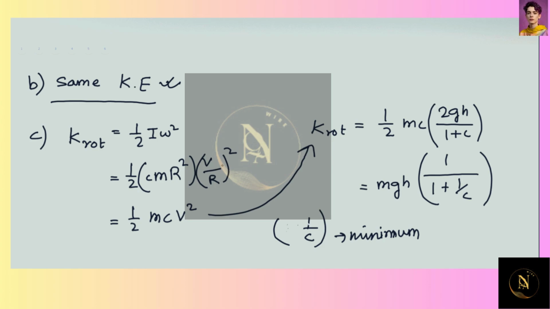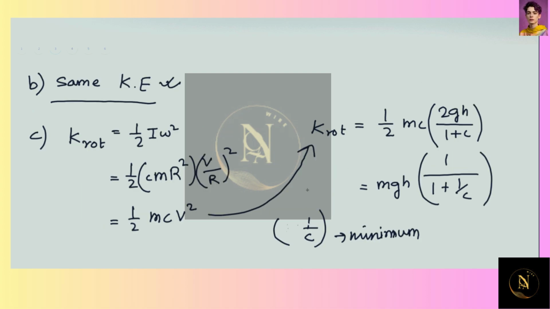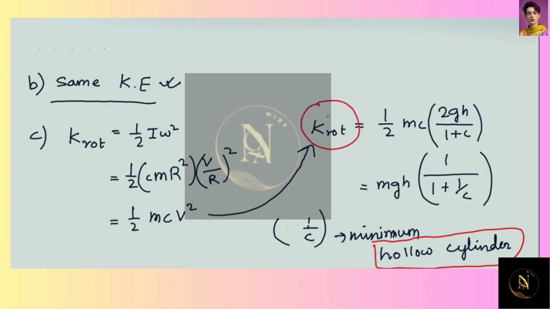And if we look at this chart one more time, we see that the hollow cylinder has the maximum c value. So in our case, the hollow cylinder will have the highest c, and hence the maximum rotational kinetic energy.